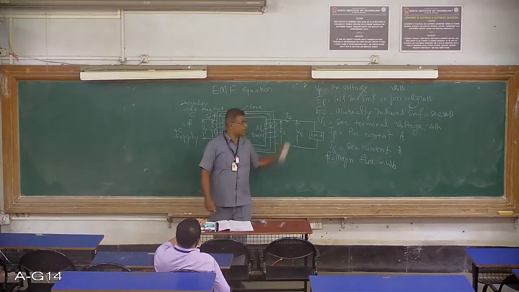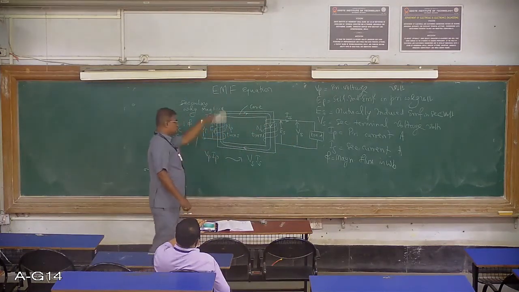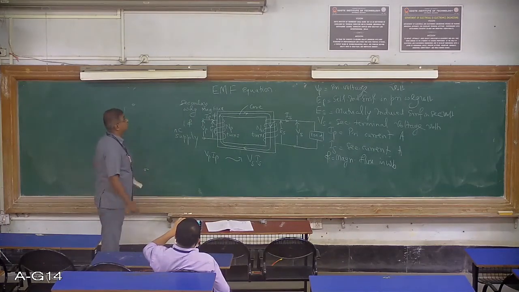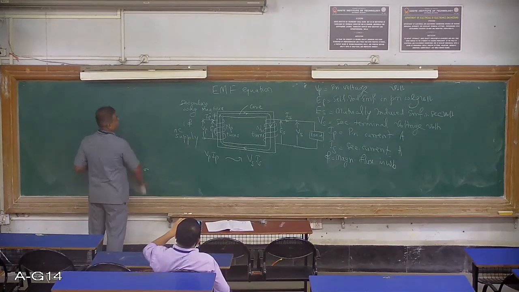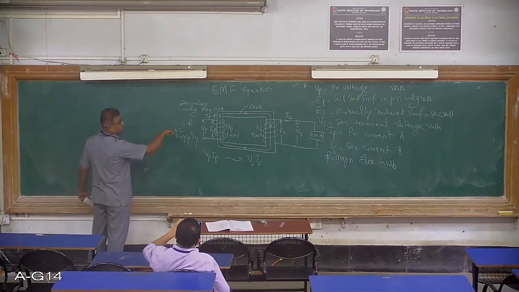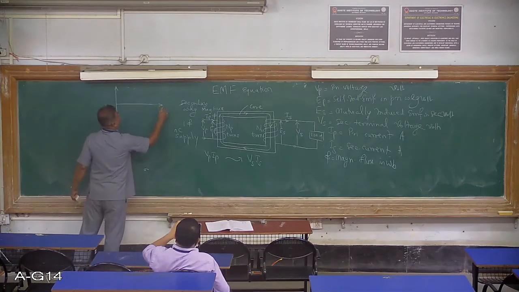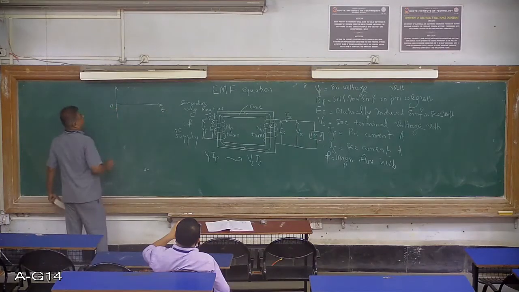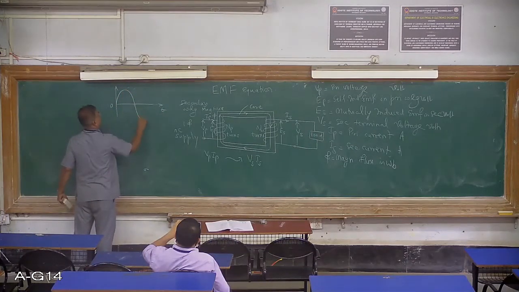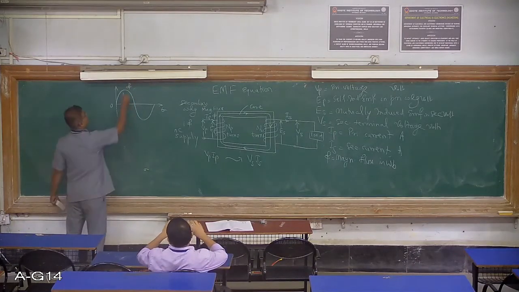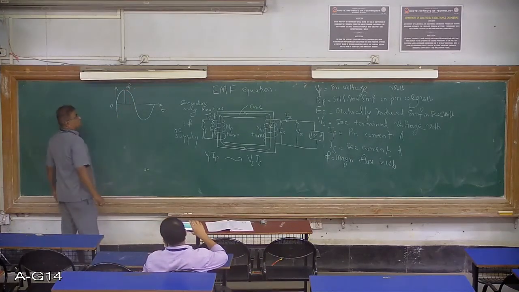With this list of symbols, let us go through a simple derivation for the expression for the EMF induced in the primary and secondary, that is EP and ES. For that, we need to refer to a waveform of the flux. As we know, the flux in the core is alternating in nature, sinusoidal.